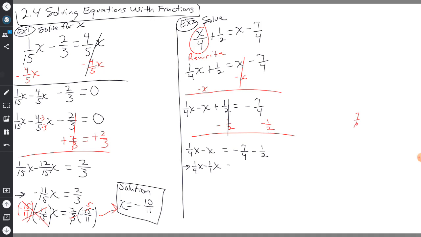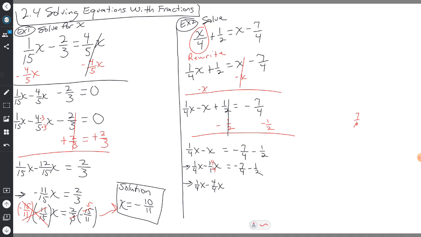So if we want the 4 denominator, we're multiplying both the numerator and the denominator by 4 over here. And then what about on the other side?